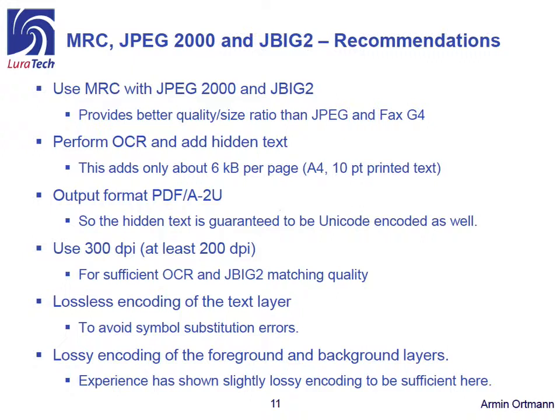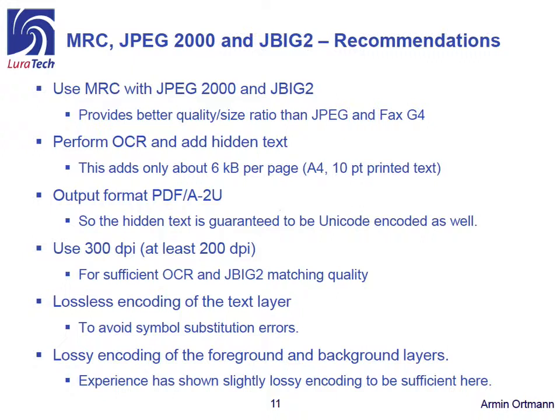So we would always recommend using MRC with JPEG2000 and JBIG2, really. The results of quality over size are considerably better than with JPEG and FAX G4. The downside is that it sometimes takes longer to render. That's actually true, but that's an effect of compression in itself.